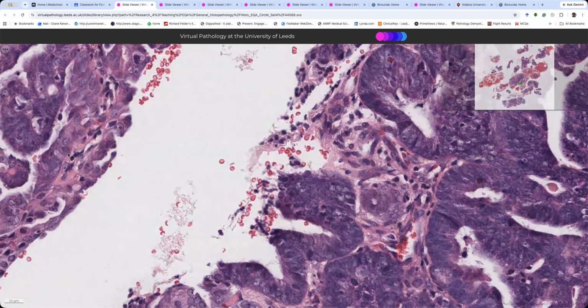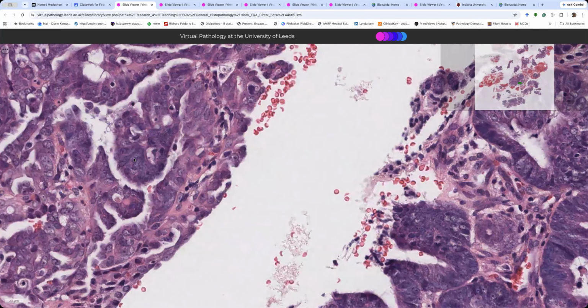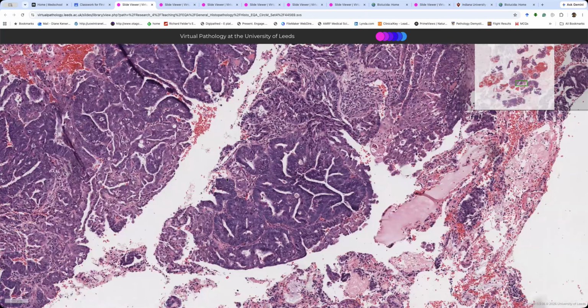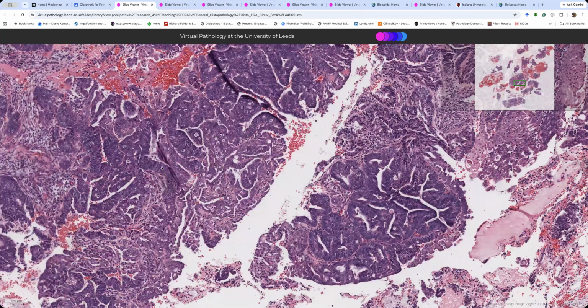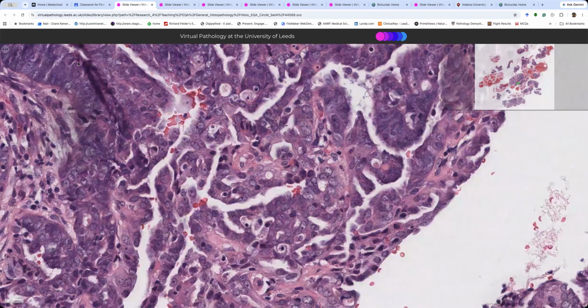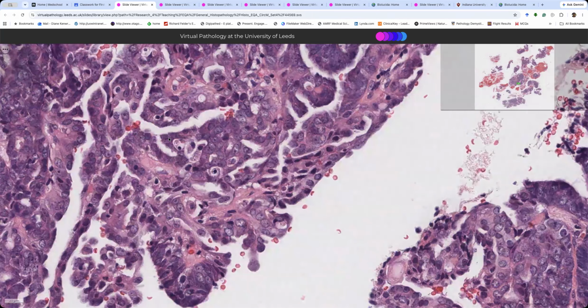Are they in keeping with gland formation? They probably are. And then you get this bit here, right? Which is a pain because this bit here has got square nuclei and is starting to be a bit slitty.